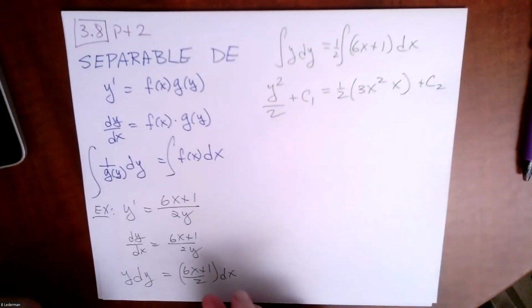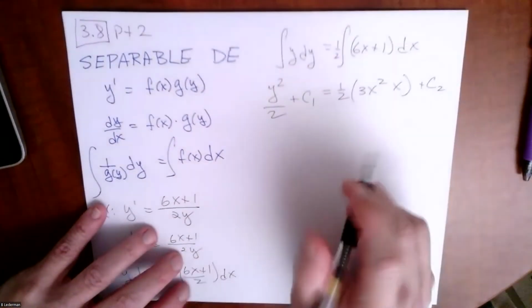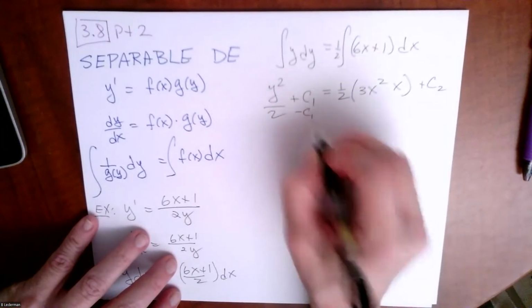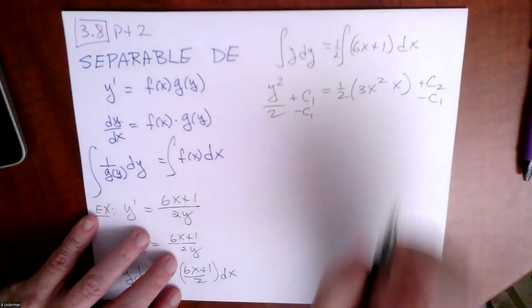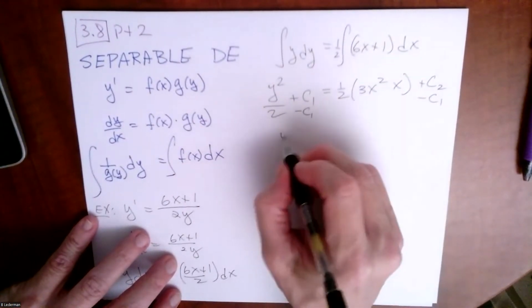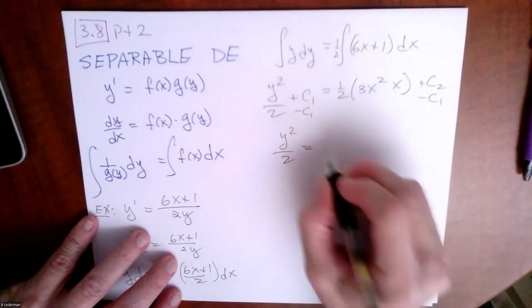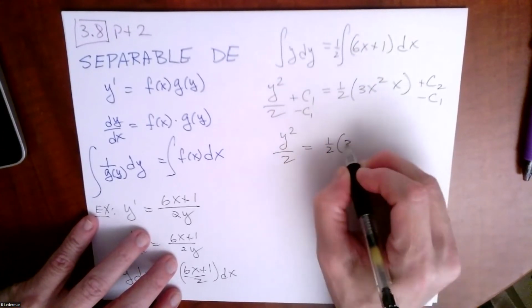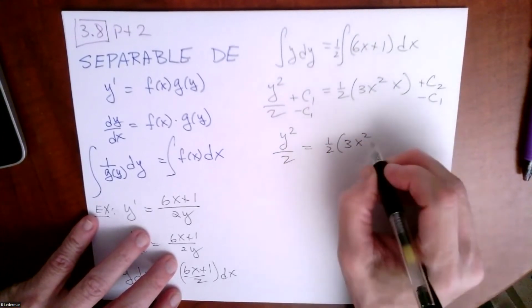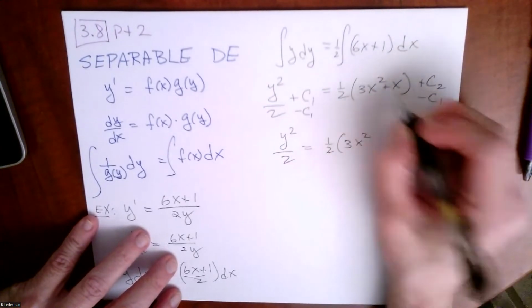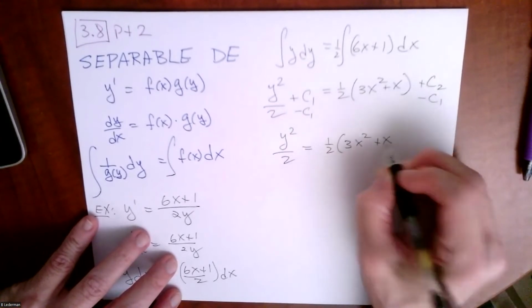Usually I don't even bother writing the c1, because if you subtract c1 from each side, you get y squared over 2 equals 1/2 times 3x squared plus x. I didn't write the plus before.